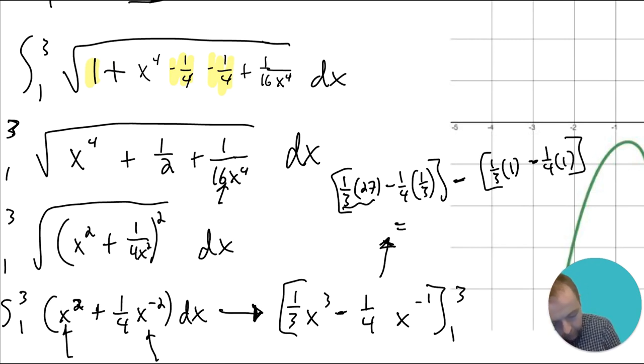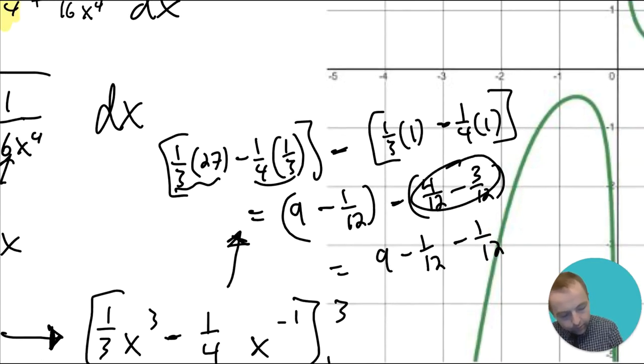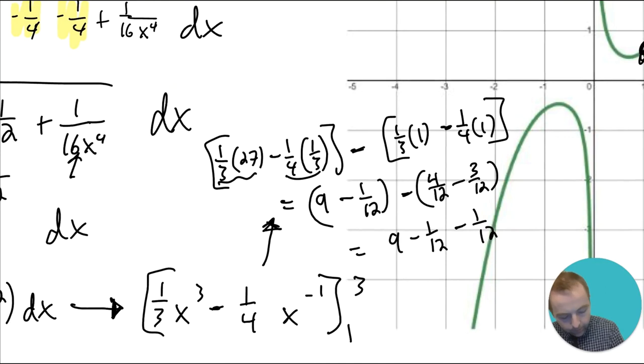So 1/3 of 27 is 9. 1/4 times 1/3 is 1/12. And then 1/3 minus 1/4 would be like 4/12 minus 3/12. So it becomes 9 minus a 12th, and then minus another 12th, because 4/12 minus 3/12 is 1/12.